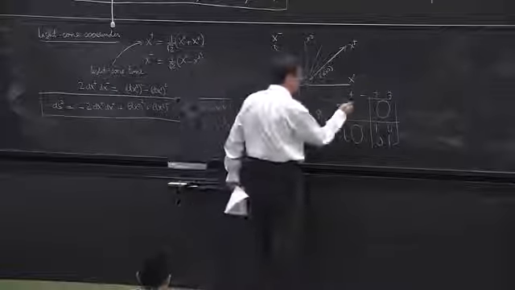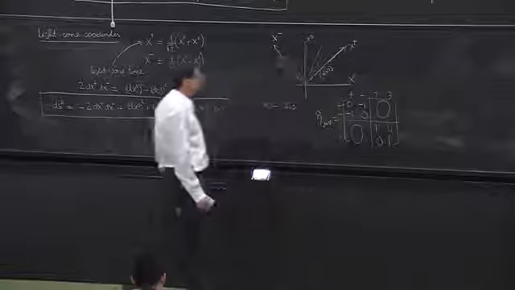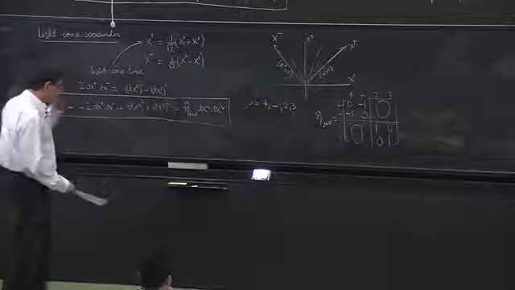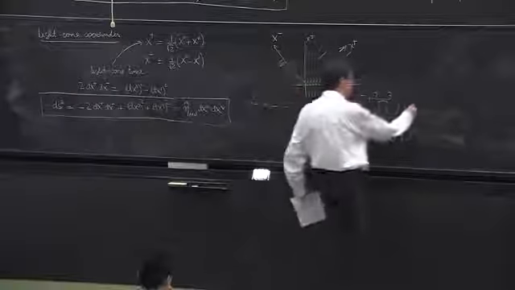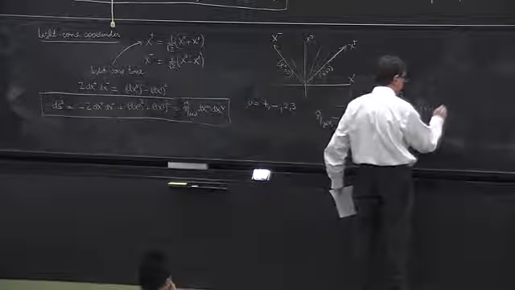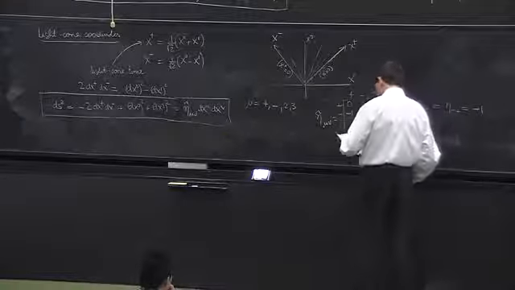So these are 0. And this is minus 1 and minus 1. So eta plus minus is equal to eta minus plus. It's symmetric after all, and it's minus 1.